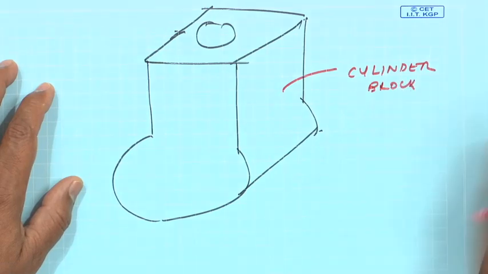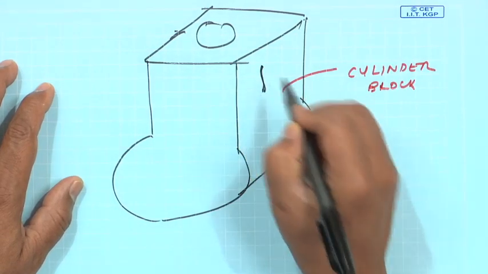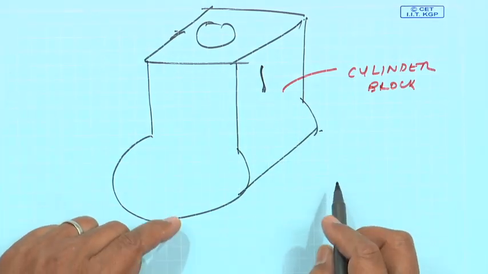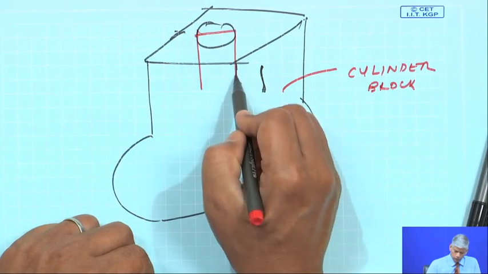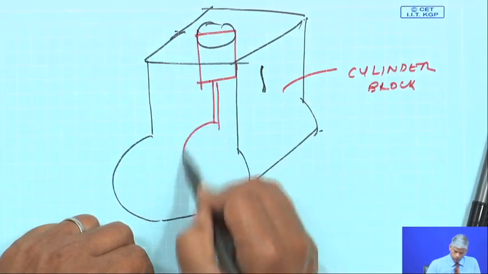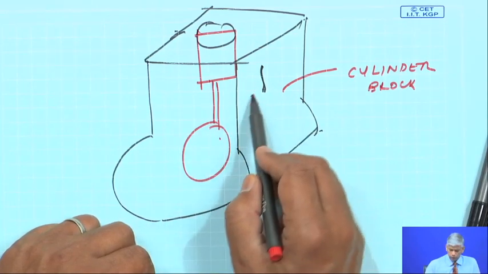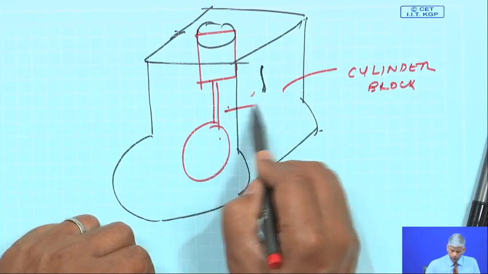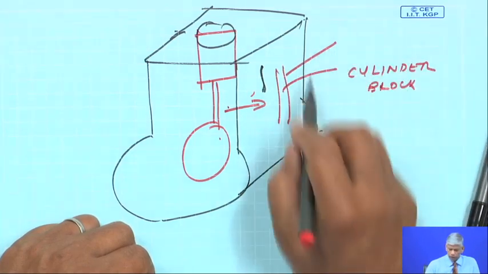Suppose a crack has occurred. What is going to happen? When a piston or the connecting rod moves inside this, they move under pressure, so there is a lot of gas pressure, and of course there are water jackets and so on.